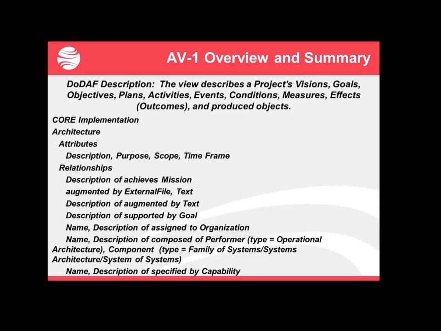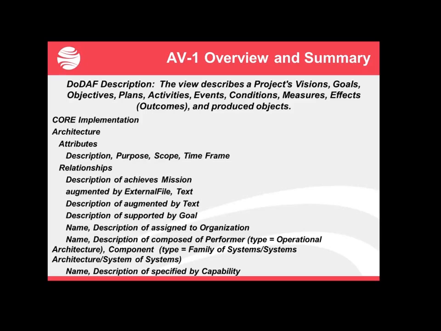For example, if the architecture achieves a mission, that mission's description will be included. If that architecture element is augmented by an external file, text, graphics, tables, or a text element, then that information will also be included in the view, for example, the augmented information or the description of the text element.